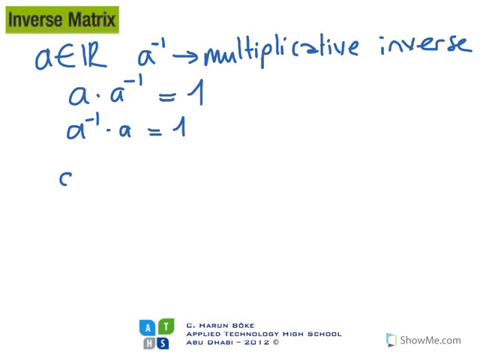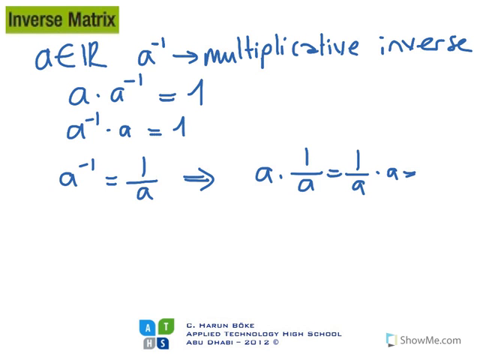Why? Because a to the power minus 1 is 1 over a, so we have a times 1 over a, or 1 over a times a, which gives us 1.